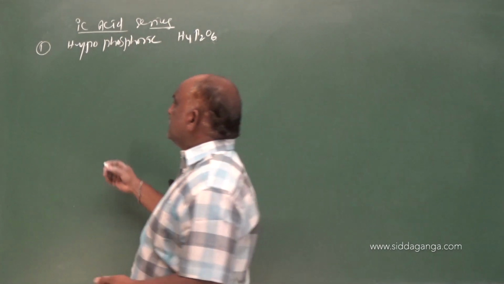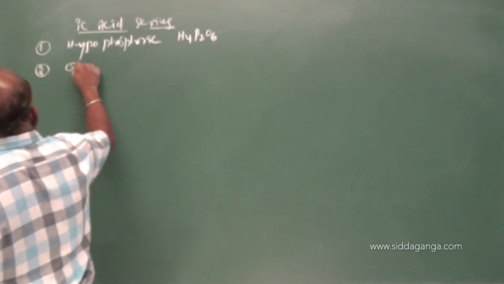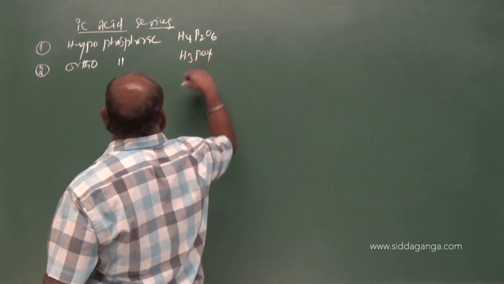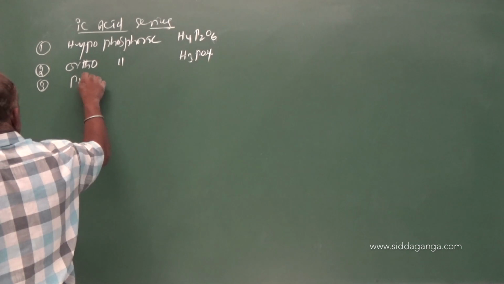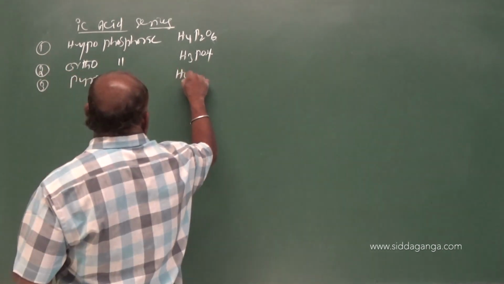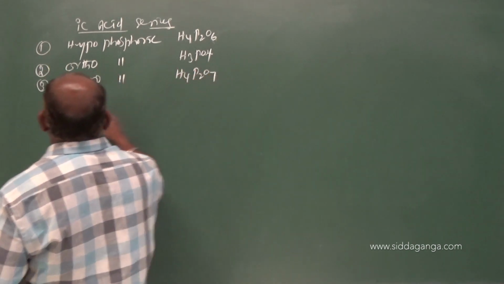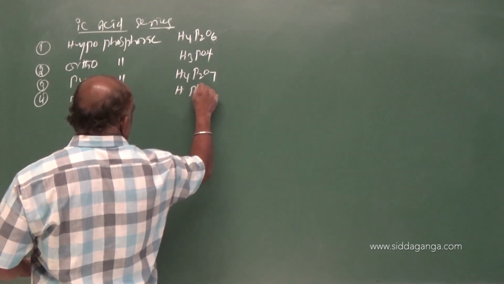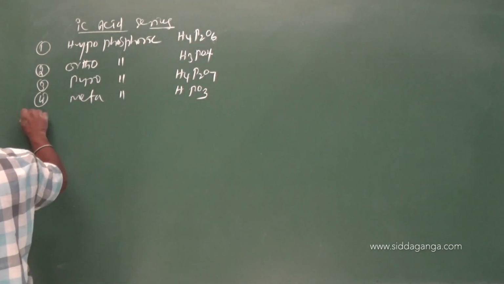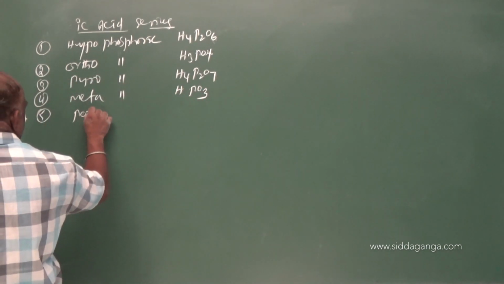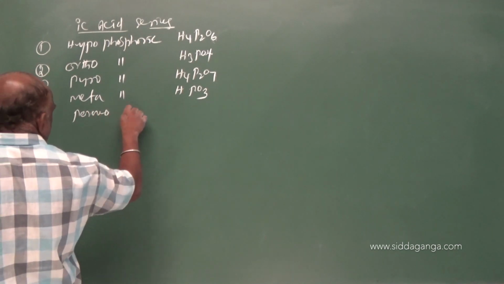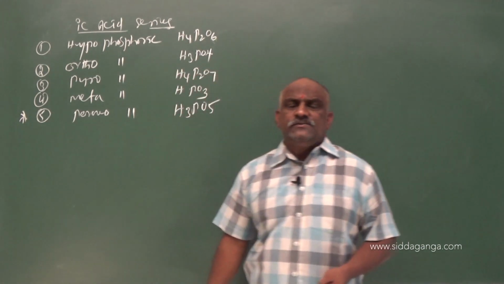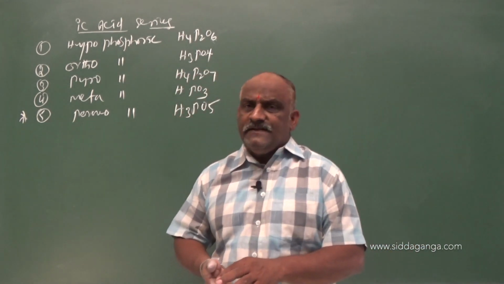Hypophosphoric. Next one is orthophosphoric, H3PO4. Next is pyrophosphoric, H4P2O7. Next is metaphosphoric, HPO3. And last is peroxophosphoric, H3PO5. These 5 belong to the ic acid series.